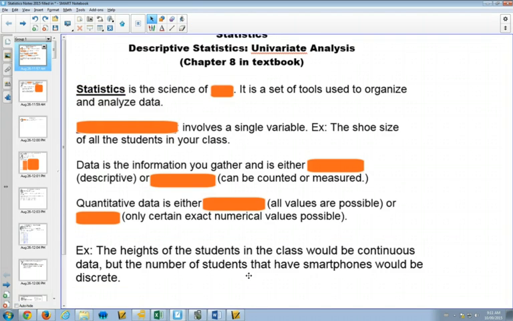Statistics. Science of data sounds so exciting. So it is analyzing data.